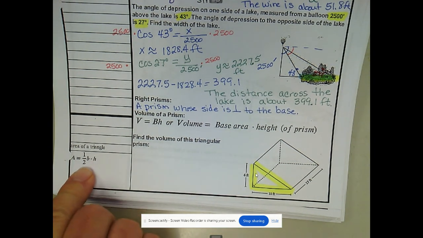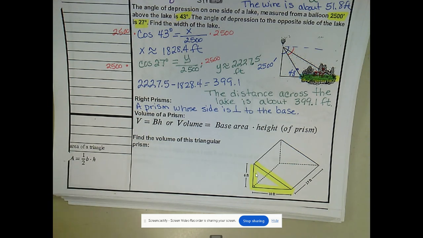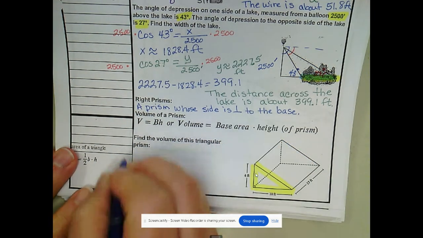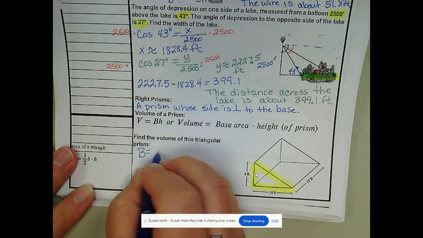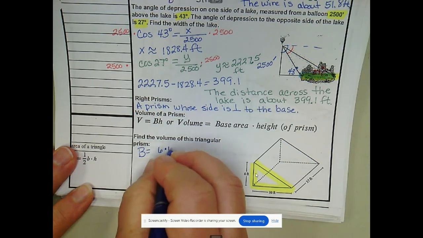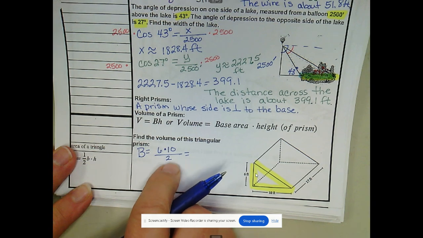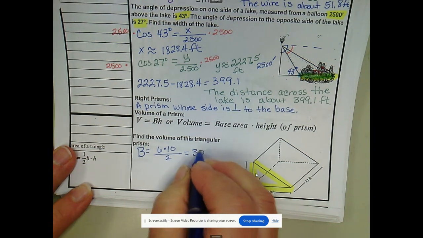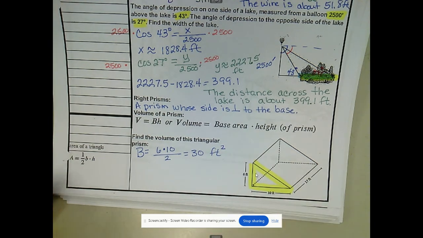The area is found by using 1/2 b times h, or bh divided by 2. So your capital B, your base area, is 6 times 10 divided by 2. 60 divided by 2 is 30, and that would be feet squared.